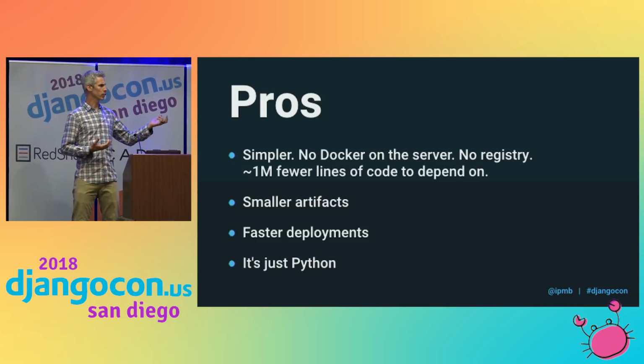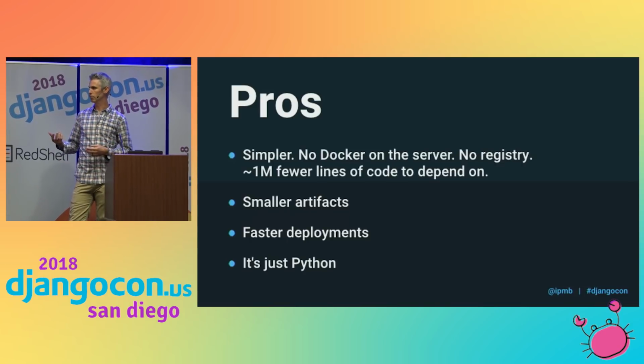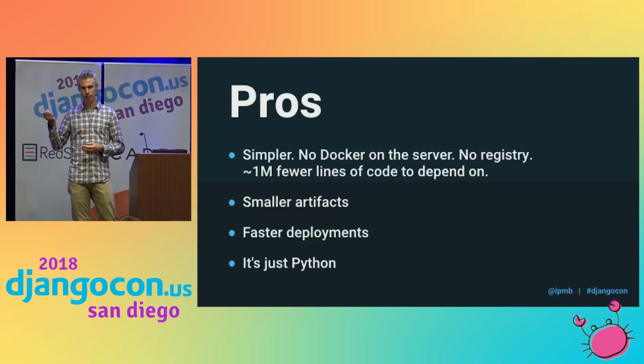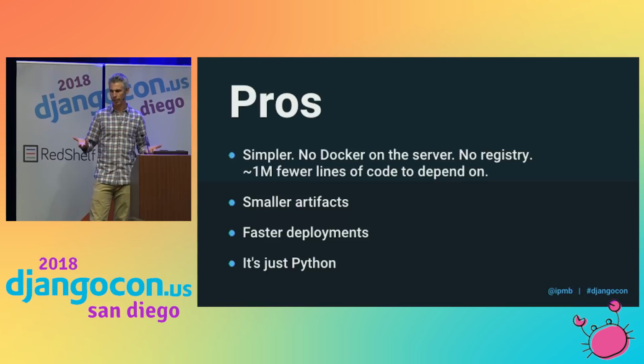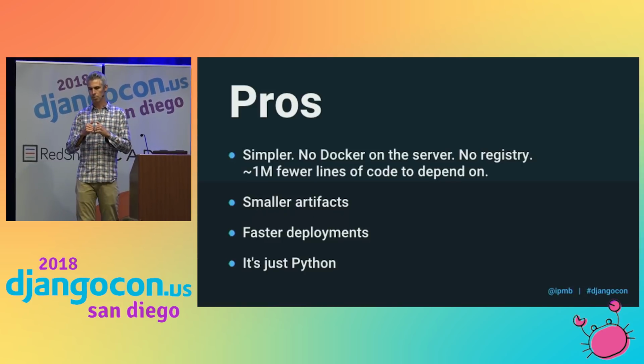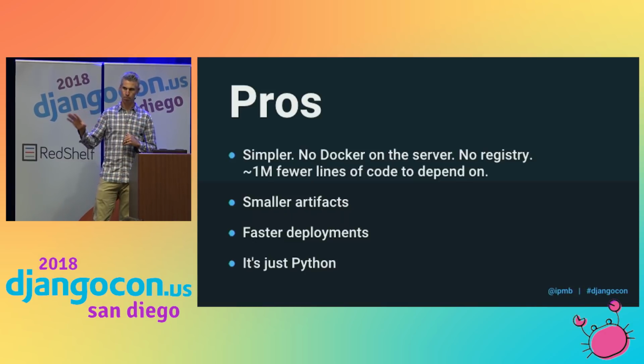I just realized I didn't really explain how Shiv works, so I'll give you that really quick. What Shiv does is it takes all your dependencies, or your site packages directory, and puts it into the zipapp, or the zip file, along with a small bootstrap script.